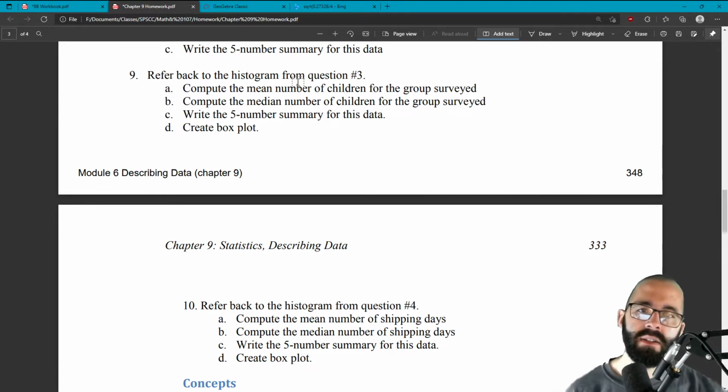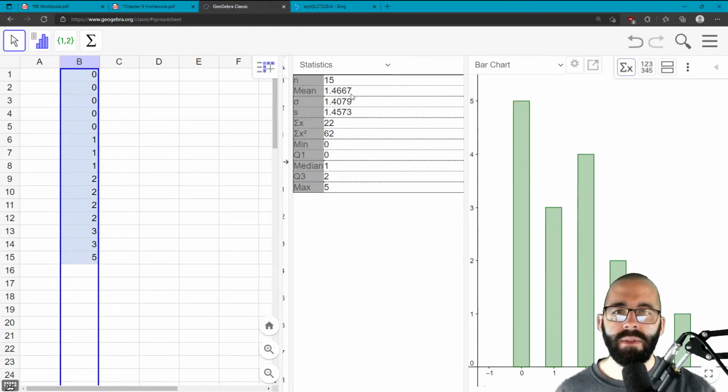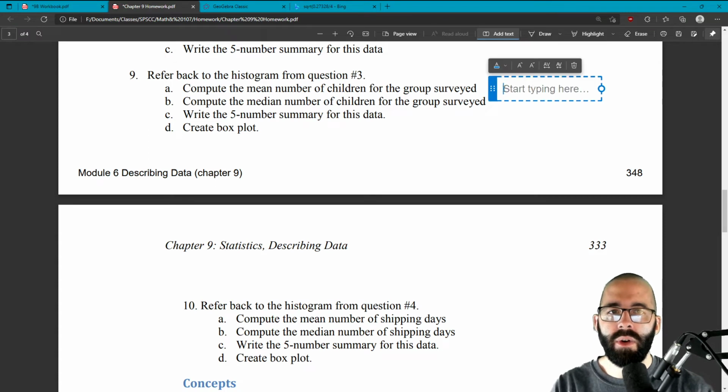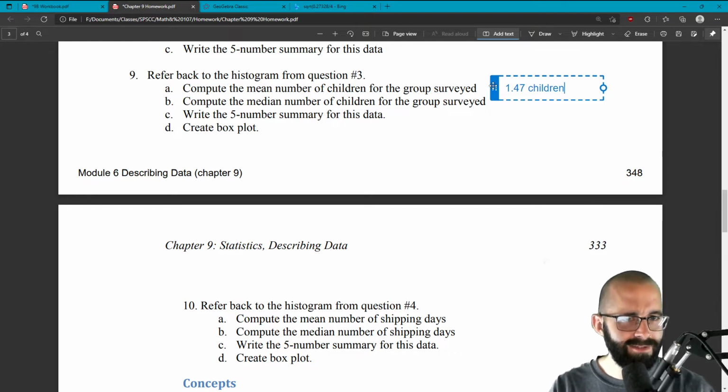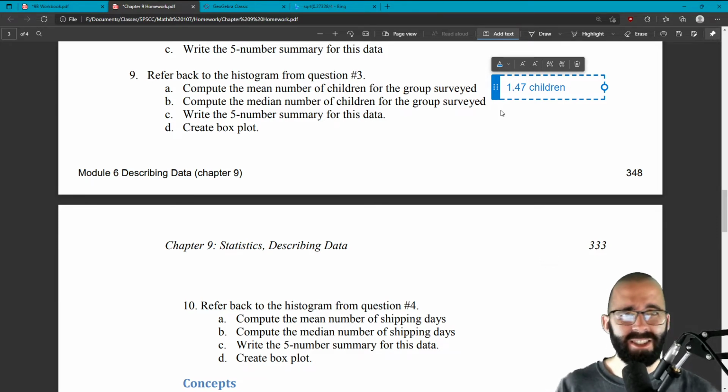The mean is going to be 1.4667. 1.46 repeating. All right, so 1.46 repeating, 1.47 children. Again, the mean has the units of the data. The average person has 1.47 children, which is why average doesn't really make sense in some cases as well.